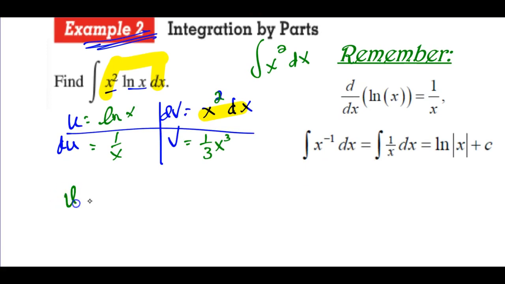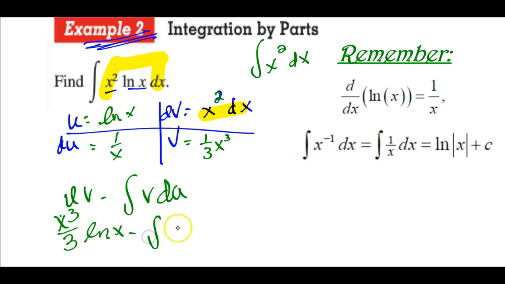So once again, uv minus integral v du, and I'll get x cubed over 3 ln x minus, this is x cubed over 3 times my dx, that looks like du.